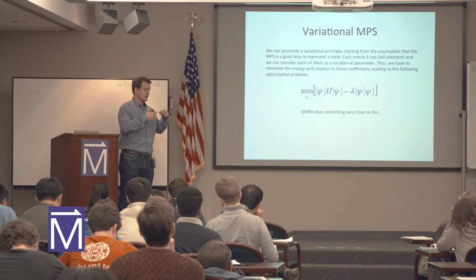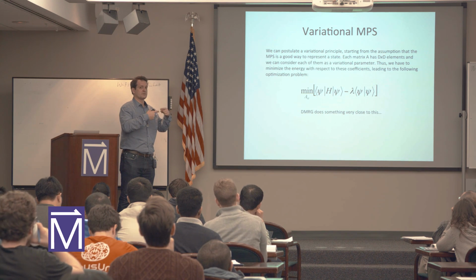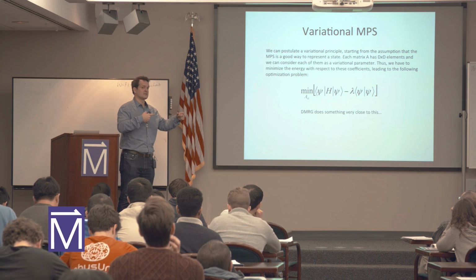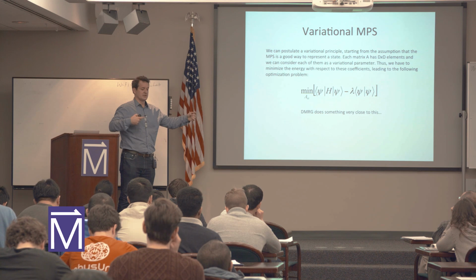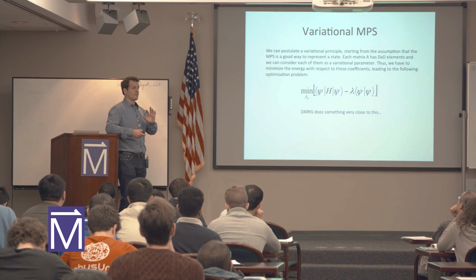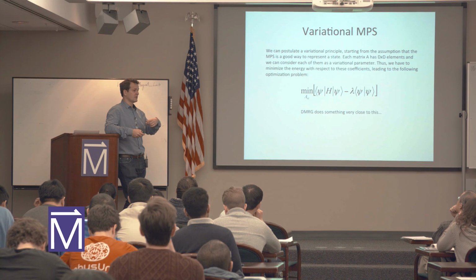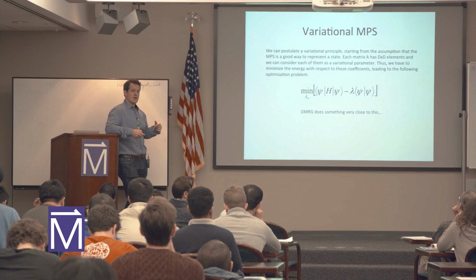So you have to start constructing your chain from scratch, from zero: 2 sites, 4 sites, 6, 8 sites, and so on, until you reach the system size that you want. And then that's when you have your ansatz for your matrix product state that you want to improve. And when you start doing the sweeping, what you're doing is the variational optimization.